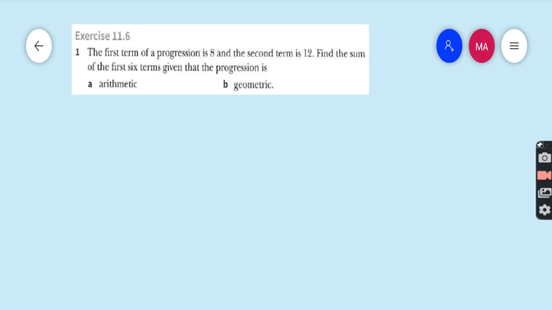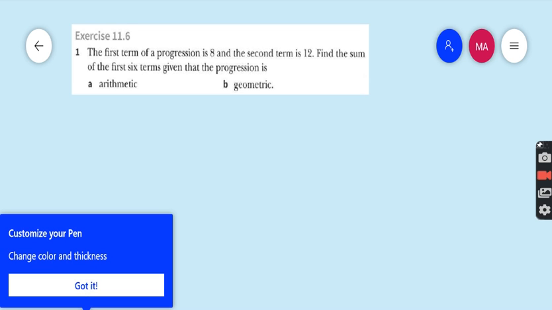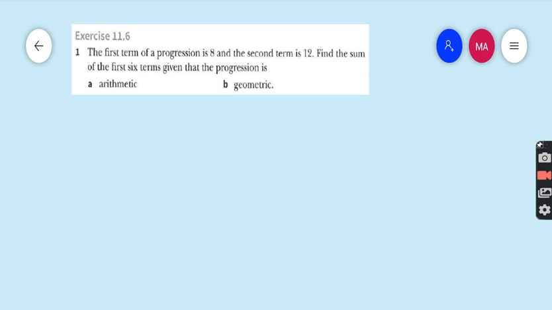The first term of a progression is 8 and the second term is 12. The first term of a progression means we don't know whether the progression is arithmetic or geometric.